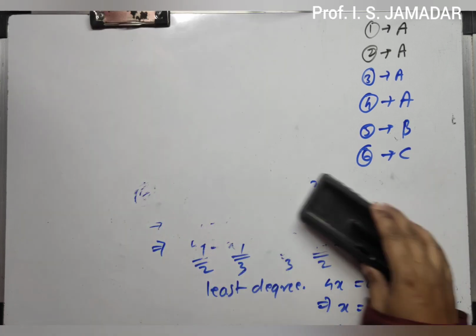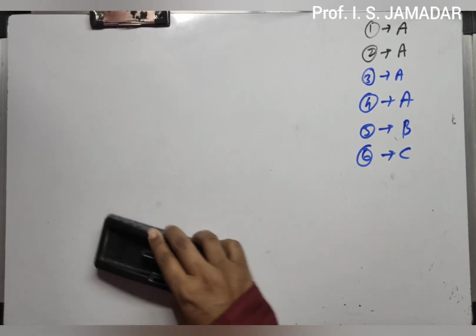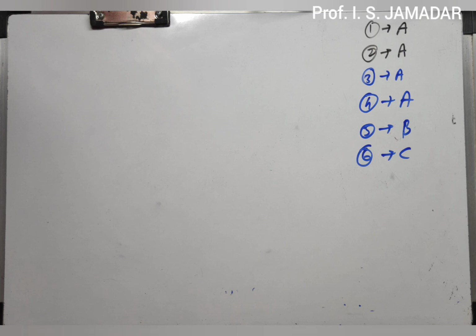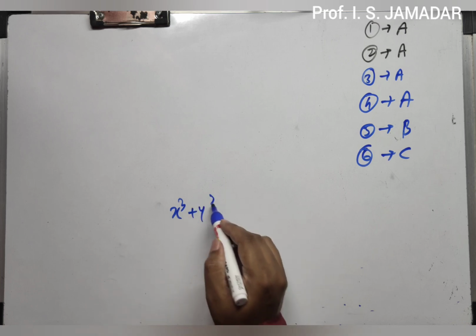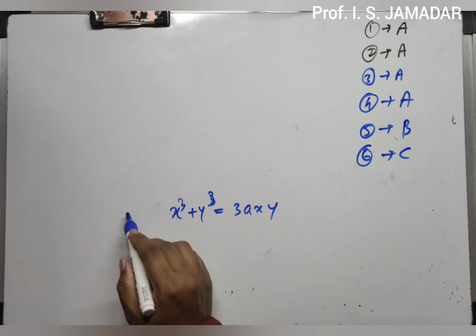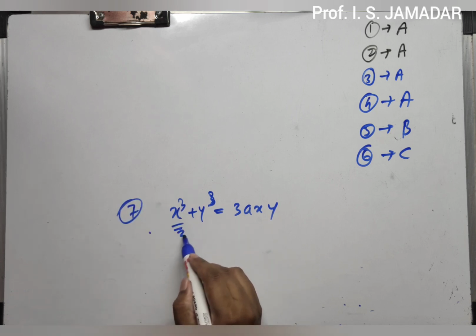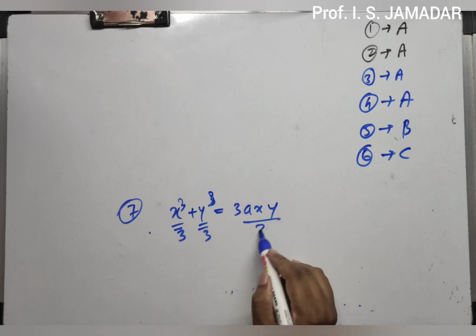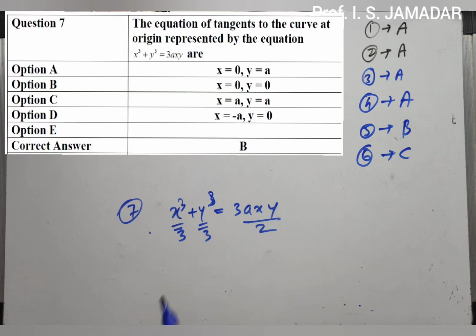Okay, next question number 7. The equation of tangent to the curve at origin represented by x³ plus y³ equal to 3axy. So this is degree 3, this is degree 3, and this is degree 2 term, x raised to 1 into y raised to 1, 1 plus 1, 2.